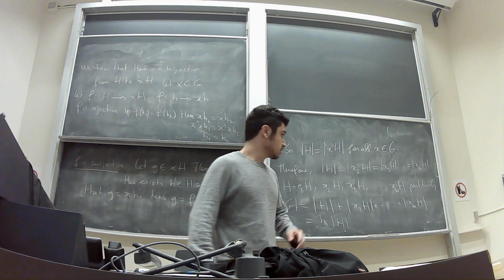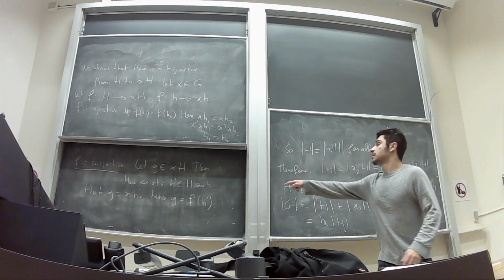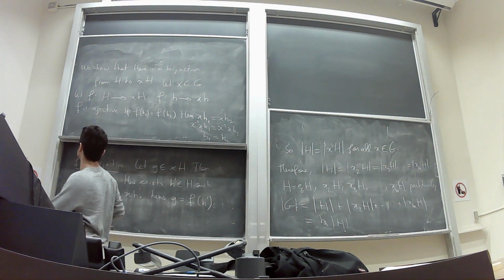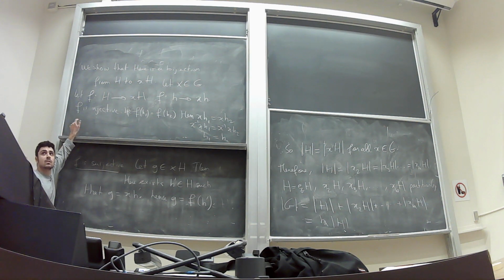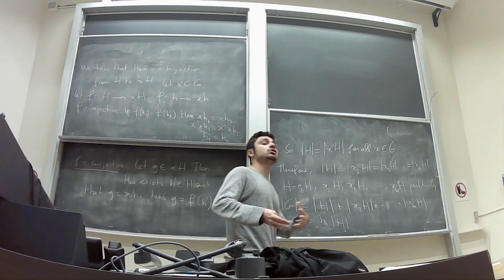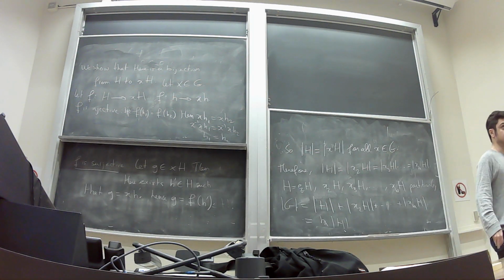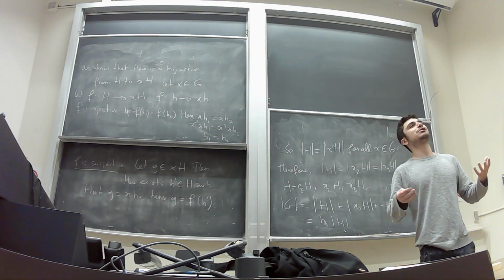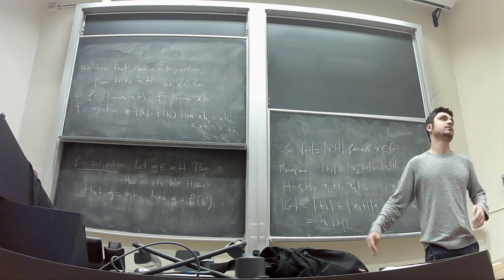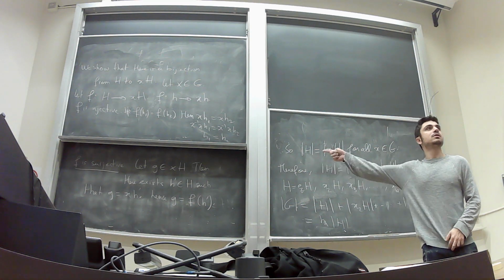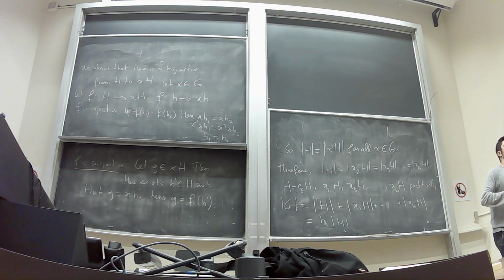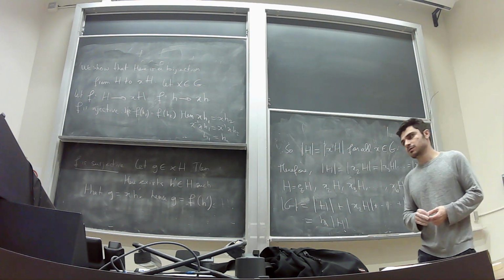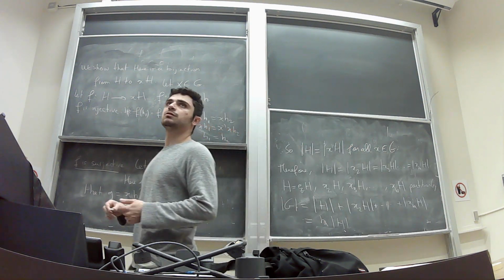That's a good question. Notice here that this bijection holds for infinite groups. H and xH are always in bijection, even if H is infinite. But if G is infinite, you cannot really say the number of elements of H divides the number of elements of G. So the divisibility statement only holds for finite groups.